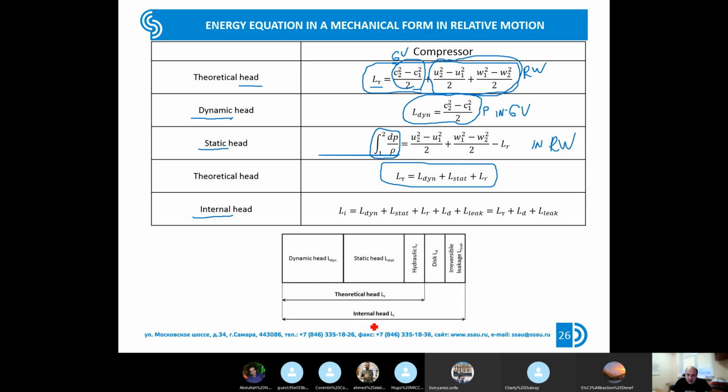How the energy is converted to the change of the kinetic energy and to the change of the potential energy of the flow in the compressor stage. So you are supplying this specific work from outside, from the turbine, for example, to the compressor.